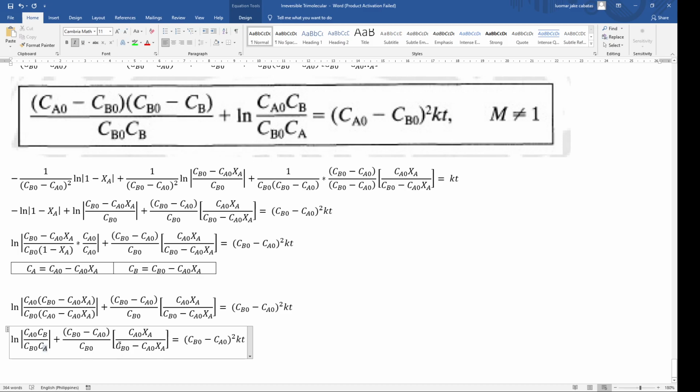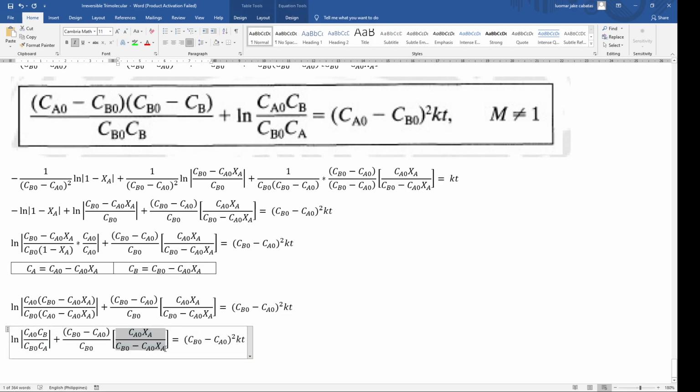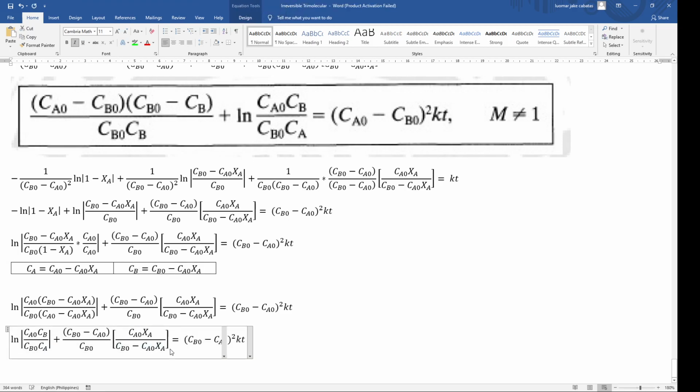So if you remember, this one is equal to C_B again. You have that. But this one we have C_AO minus C_BO, but here we have C_BO minus C_AO. So what we could do is we factor out -1.